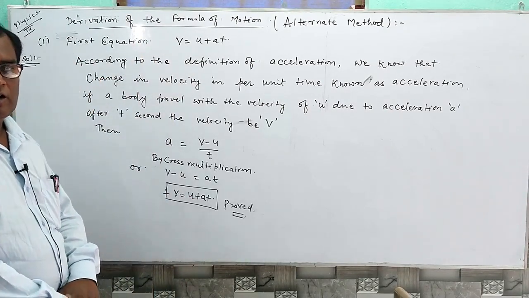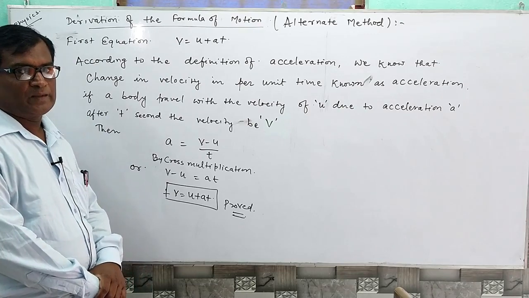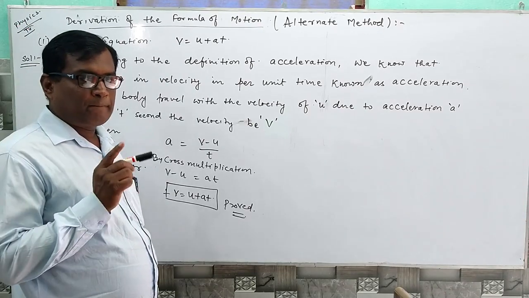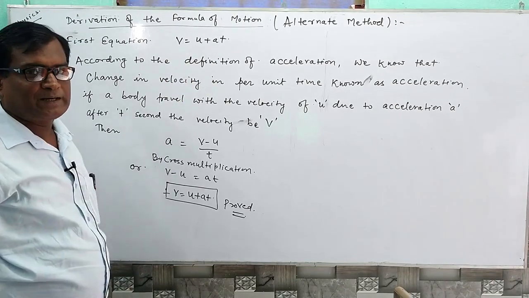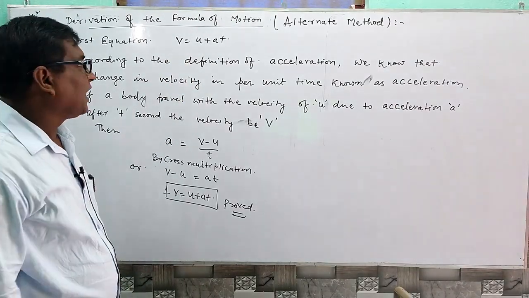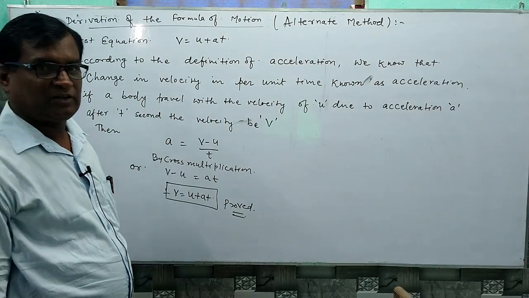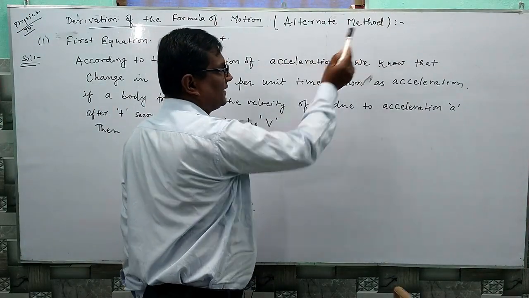Today we learn to prove the equations of motion. As you know, the first equation is v equal to u plus at. How to prove it with an alternate method?